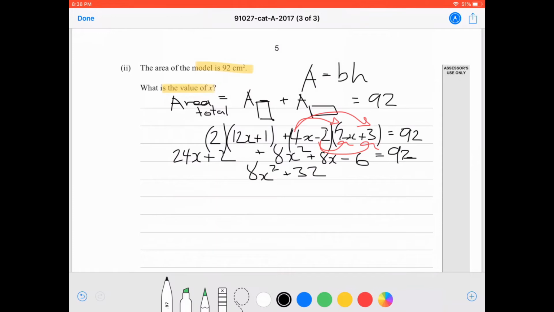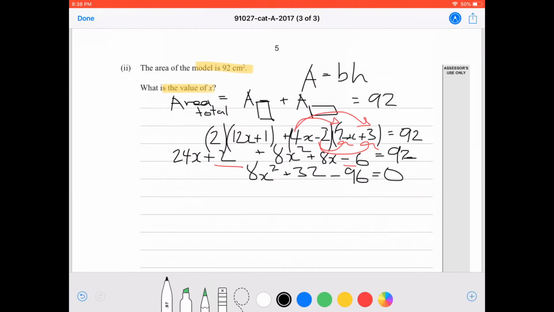We can say minus 6 minus 92 is... have I made a mistake here? Just checking the answers. So I missed this 2 here. The 2 and the 6 is negative 4 minus 92. So we've got minus 96, and it equals 0.